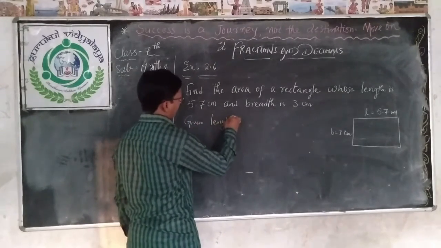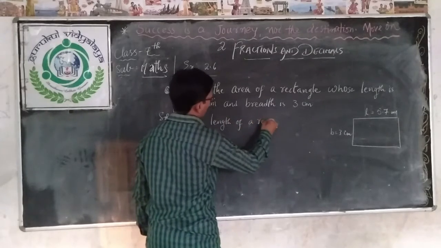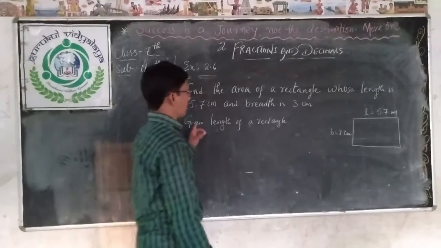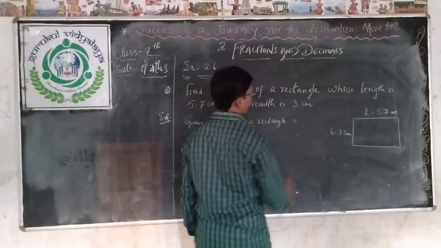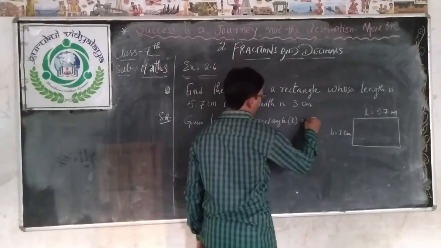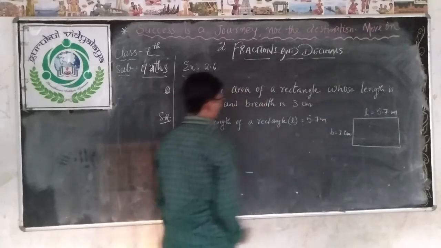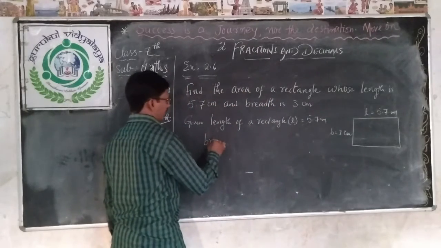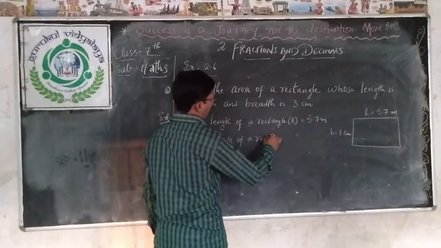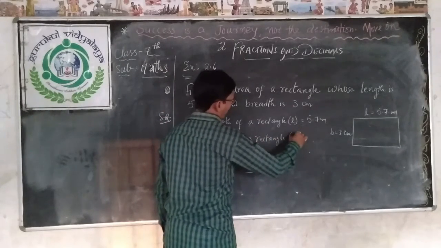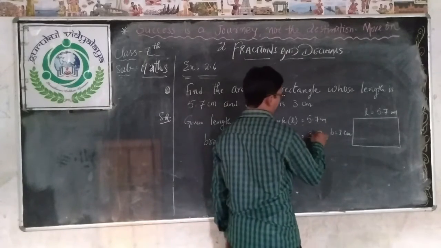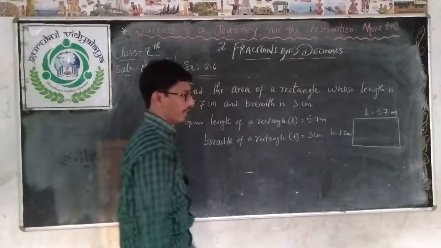Frame the sentences yourself, children. Length of a rectangle, denoted by L, is equal to 5.7 centimeters. Breadth of a rectangle, denoted by small b, is equal to 3 centimeters. You have to find its area.